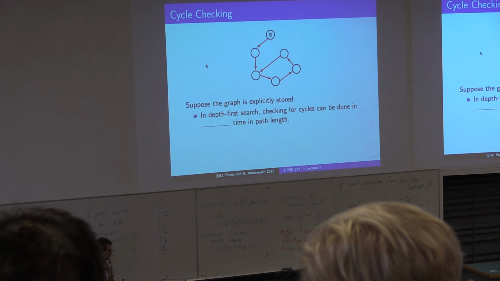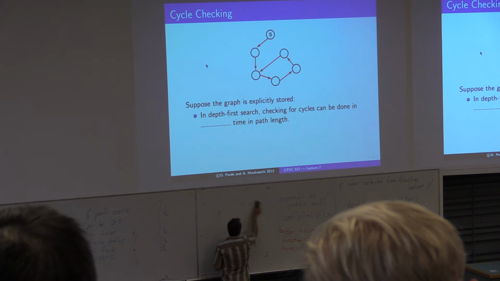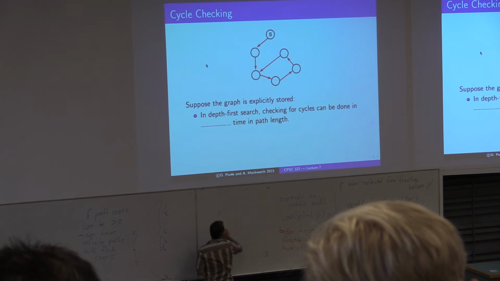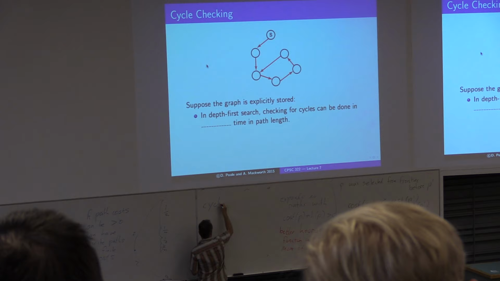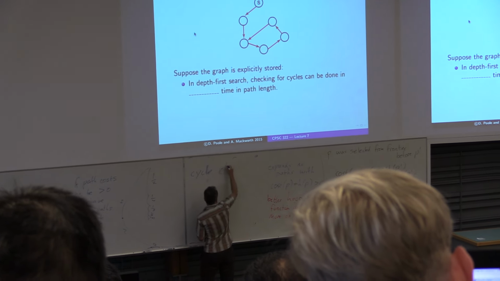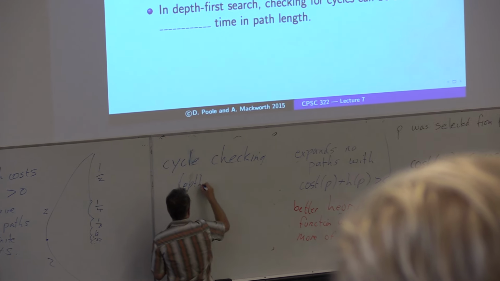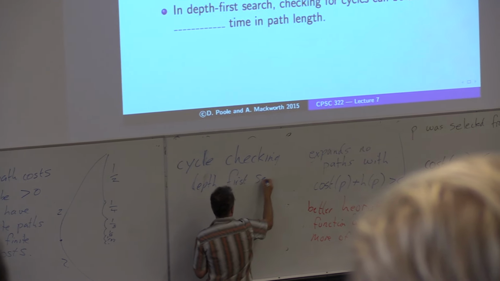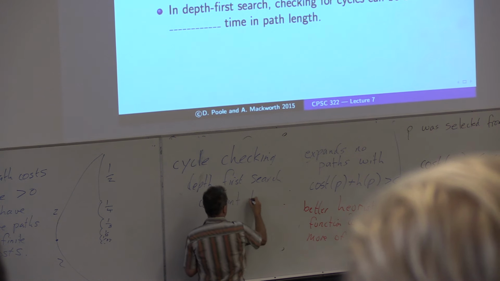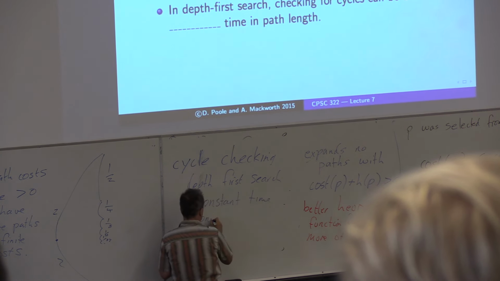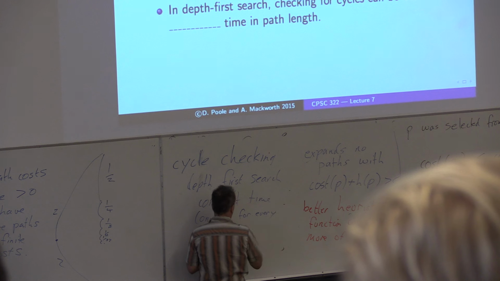So for depth first search, cycle checking we can do in constant time. And we just need one bit for every node.